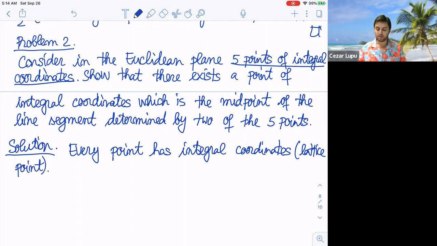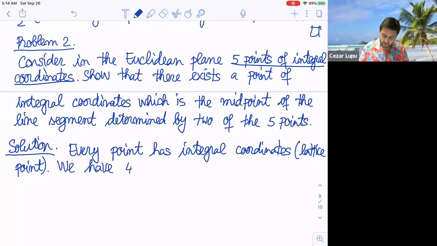Every point has integral coordinates, and the main trick here is to separate these points into 4 classes. That's very important.